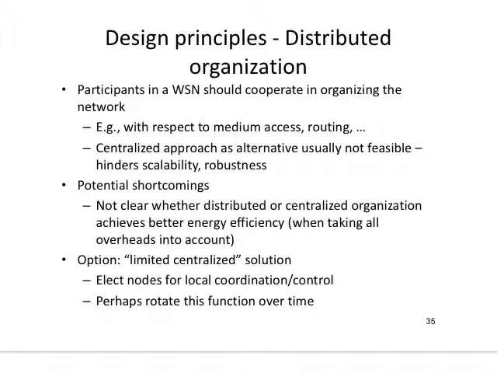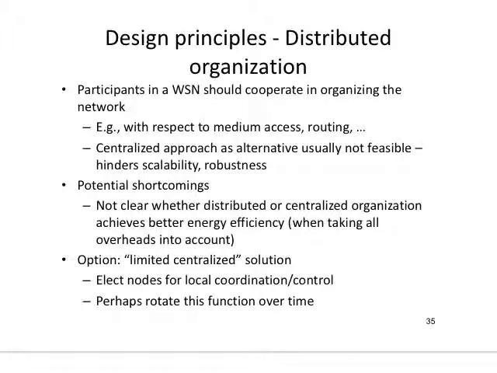So for some design principles for sensor networks, when it comes to processing the information and communicating it, the sensor nodes can be organized in a distributed way or centralized.